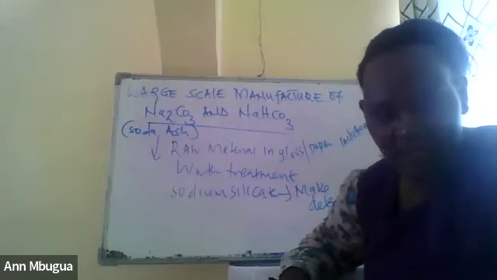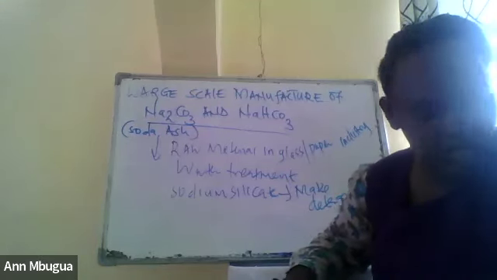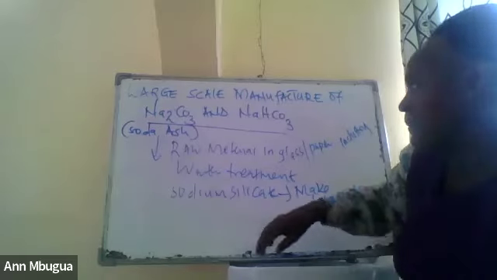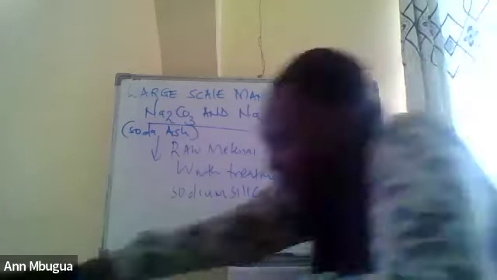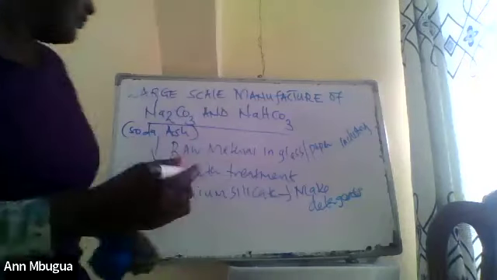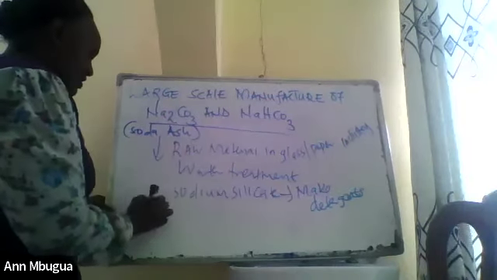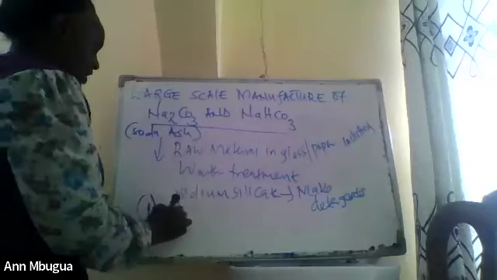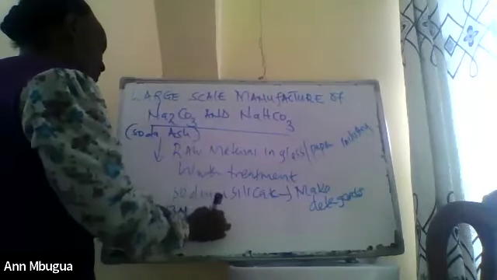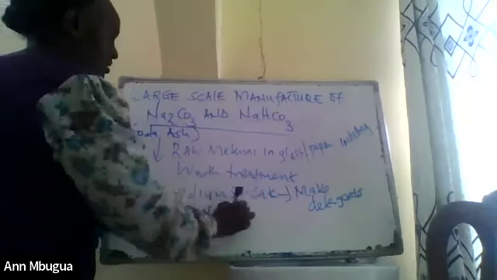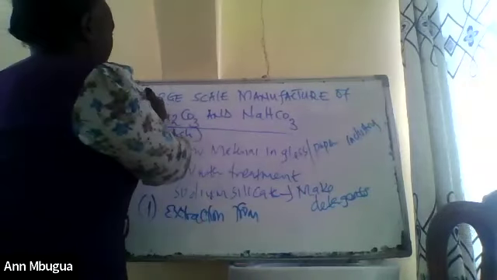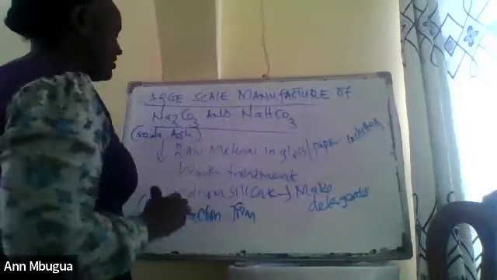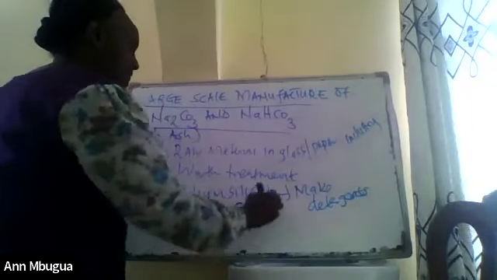One is extraction from trona, and two is the Solvay process. That's what we are referring to as the large scale manufacture.